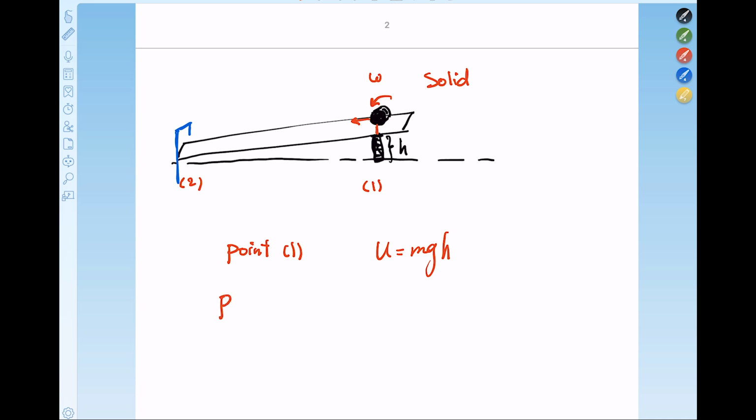In point 2, we have kinetic, but not only do we have kinetic R, rotational, we also have kinetic T, translational.